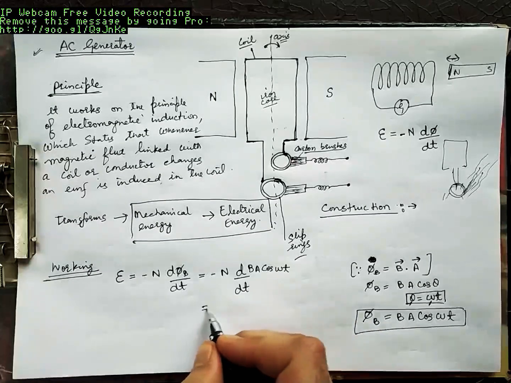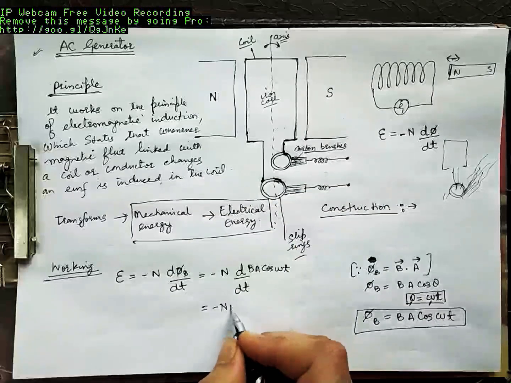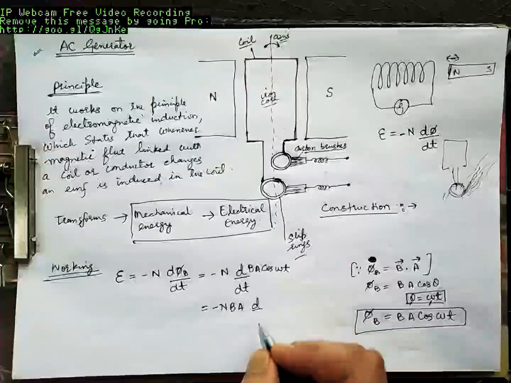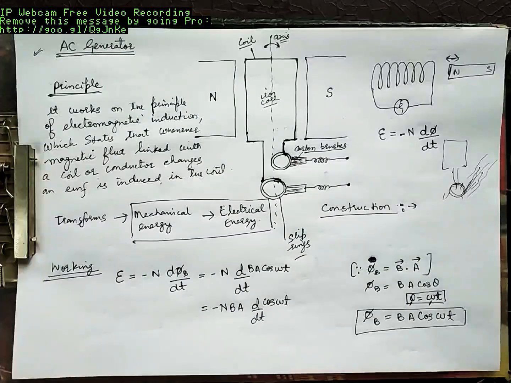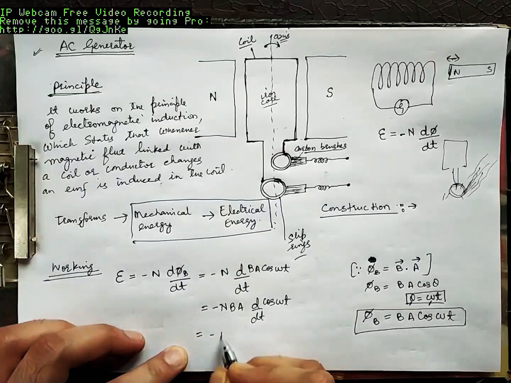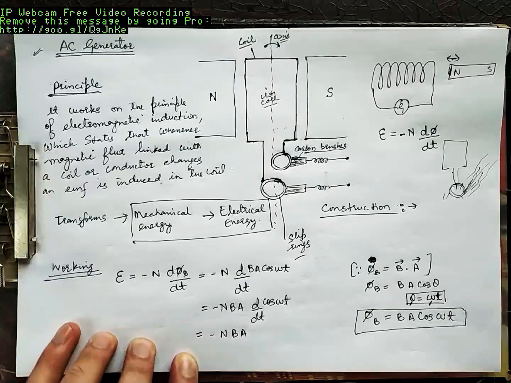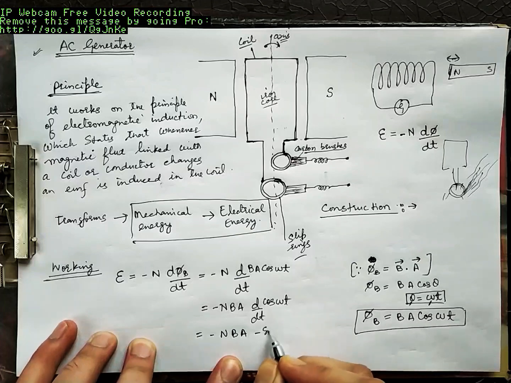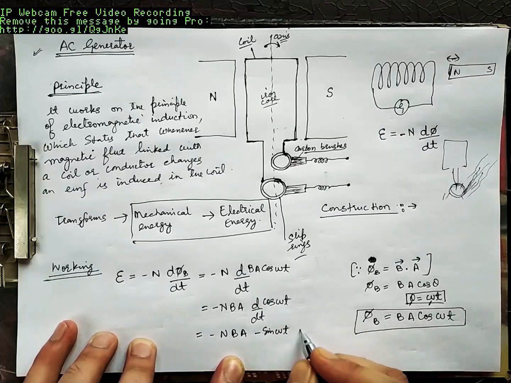We can write this as minus N. Since magnetic field is constant, I can take this out. Area A of this loop is constant, I can take this out. So this is d by dt of cos of omega t. So we can write this as minus N B A. Differentiation of cos omega t is minus sine of omega t, and internal differentiation of omega t is omega, into omega.